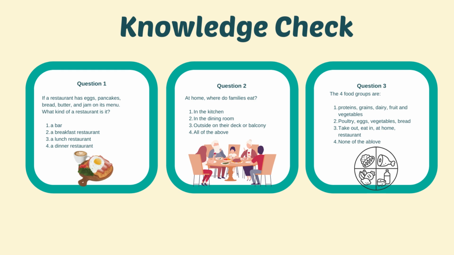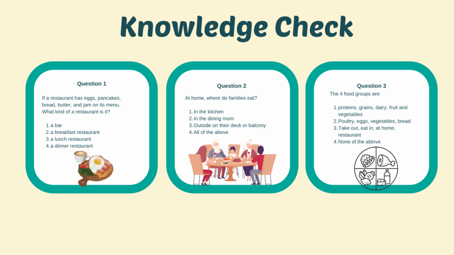Let's do a knowledge check. If a restaurant has eggs, pancakes, bread, butter, and jam on its menu, what kind of restaurant is it? A bar, a breakfast restaurant, a lunch restaurant, or a dinner restaurant? Question 2. Where do families eat? In the kitchen, in the dining room, outside on their deck or balcony?